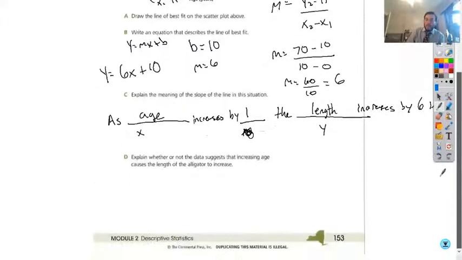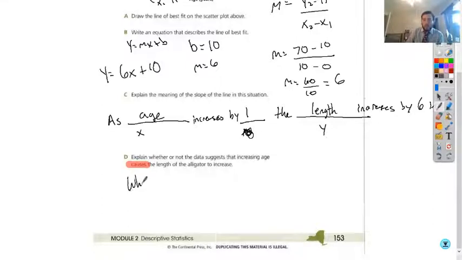So explain whether or not the data suggests that increasing age causes the length of the alligator to increase. So this is something that we looked at here with causation. Causation, right, is hard to tell from a set of data there. So this does not show causation.